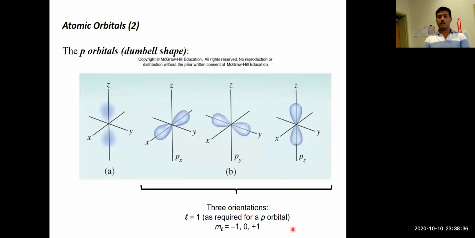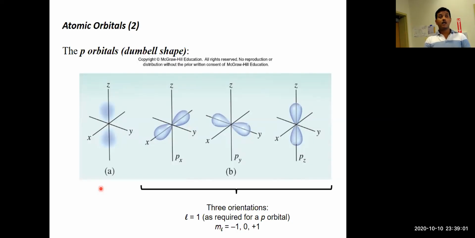The p orbital shape, we commonly refer to as the dumbbell shape. This is the general representation, like a dumbbell shape. Again, these shapes are derived from the Schrodinger equation. The Schrodinger equation derives that the electron density of a subshell P looks like this in 3 different orientations.